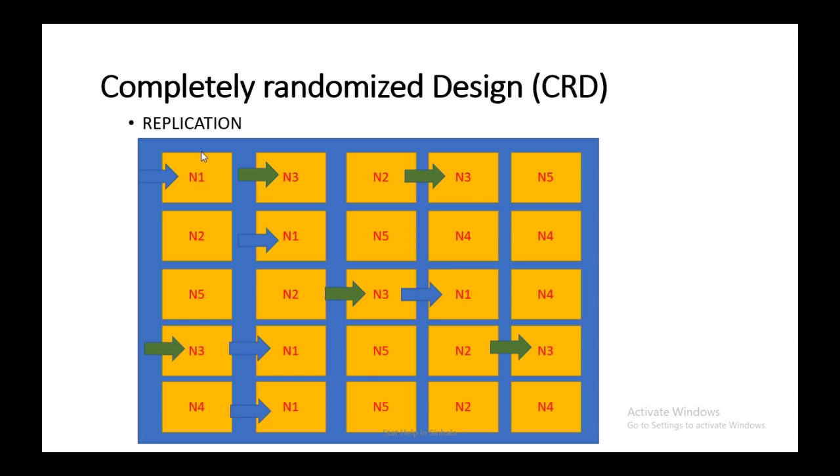Here N1 fertilizer is applied, here N1 fertilizer is applied, and in this plot also N1 is applied. There are 5 plots among all 25 where N1 fertilizer is applied. So N1 fertilizer has 5 replicates.